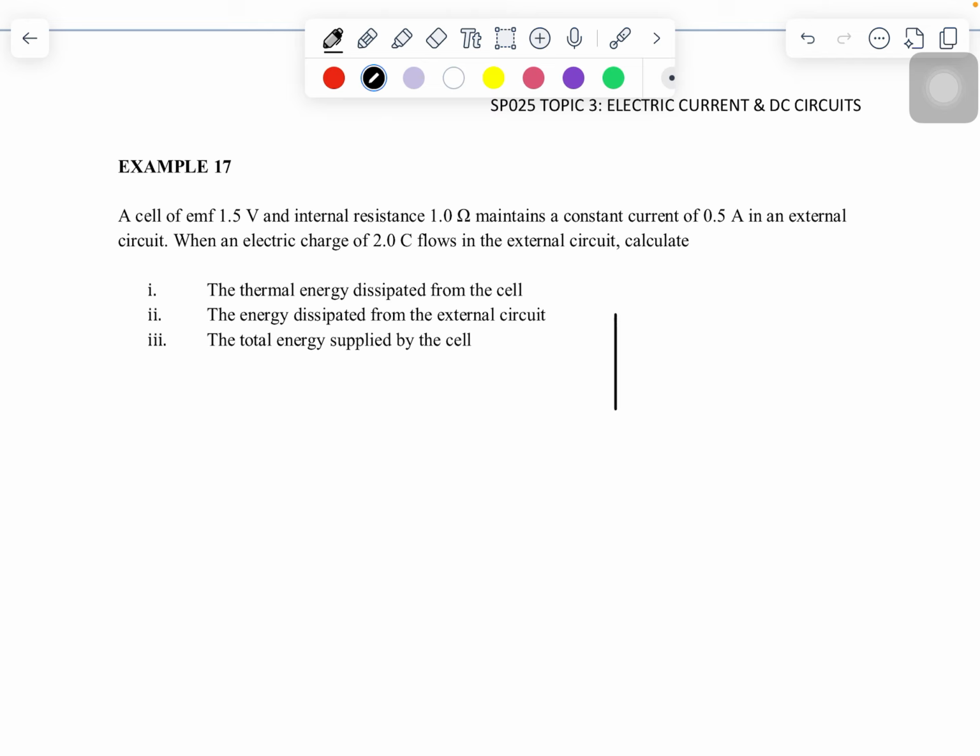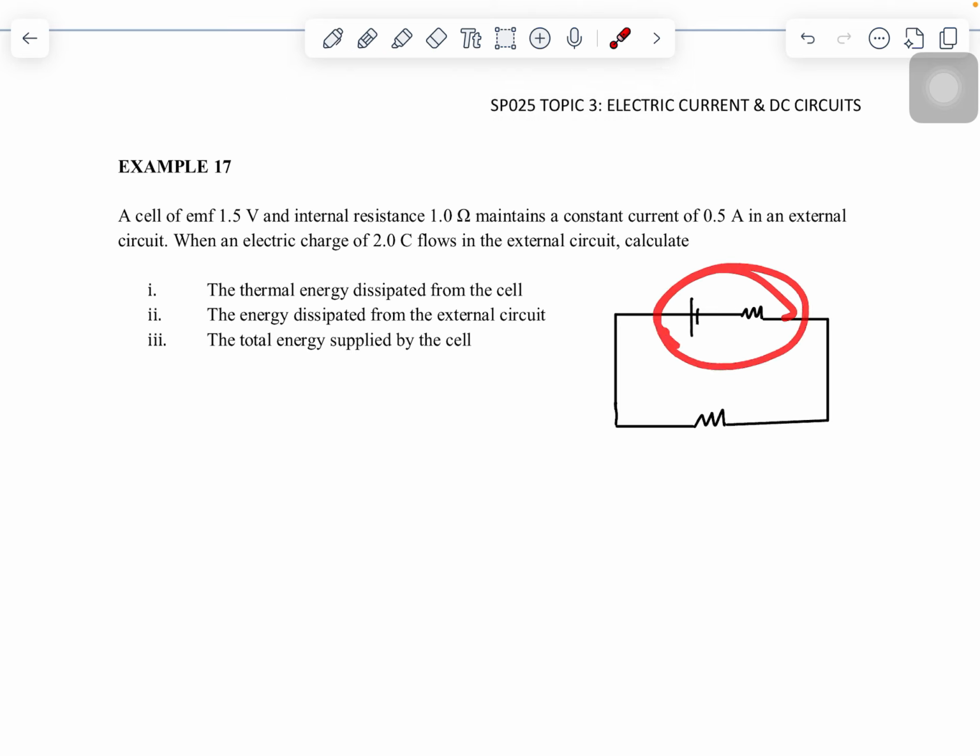So basically kita ada cell, okay, di mana ada battery dan juga internal resistor. So this is the battery and then connected is the internal resistor. And then there is an external circuit. So external circuit ni kita lukislah satu resistor yang di luar daripada battery. So this is the cell.